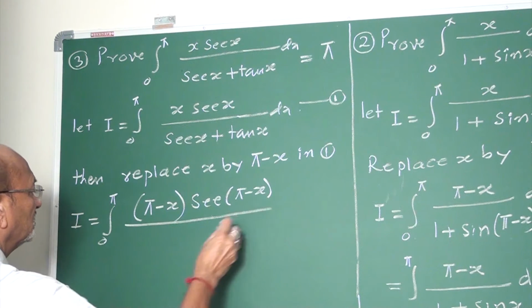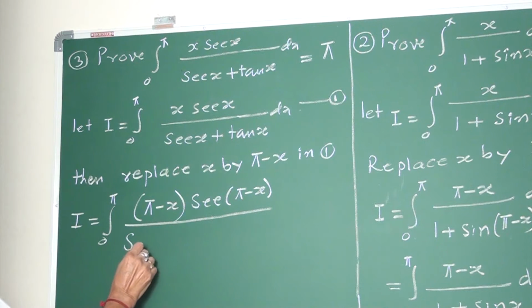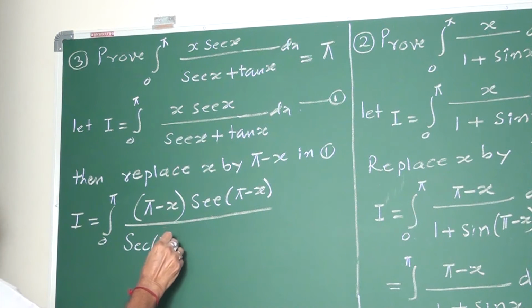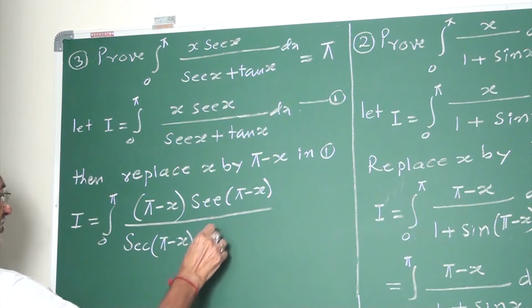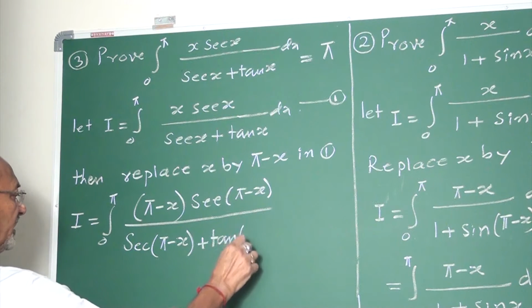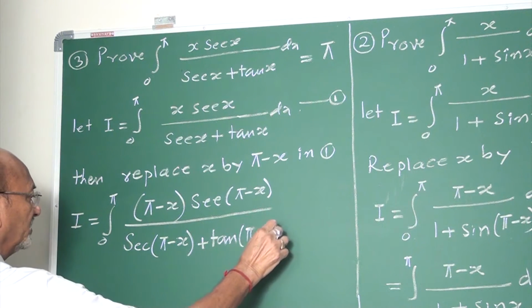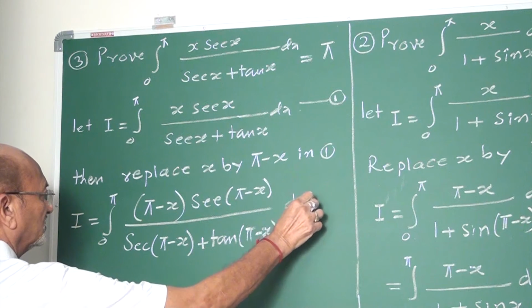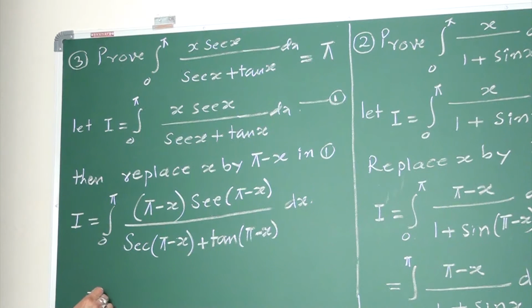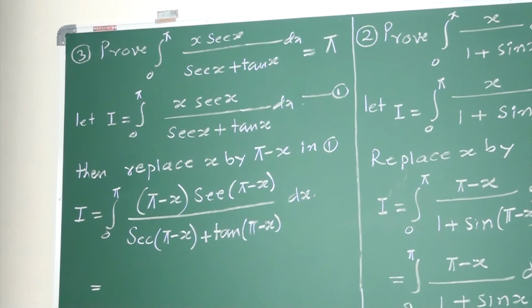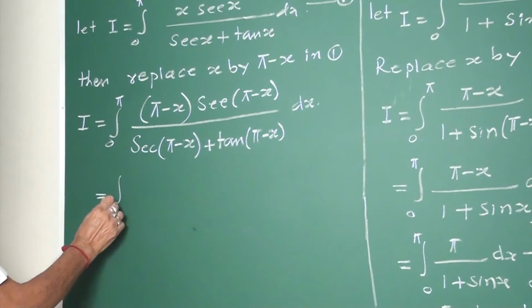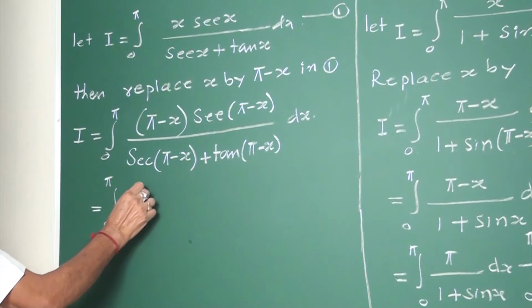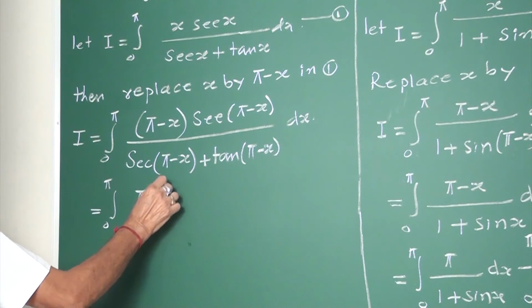Denominator: sec replaced by sec of pi minus x plus tan replaced by tan of pi minus x dx, equal to integral 0 to pi, and this is pi minus x.